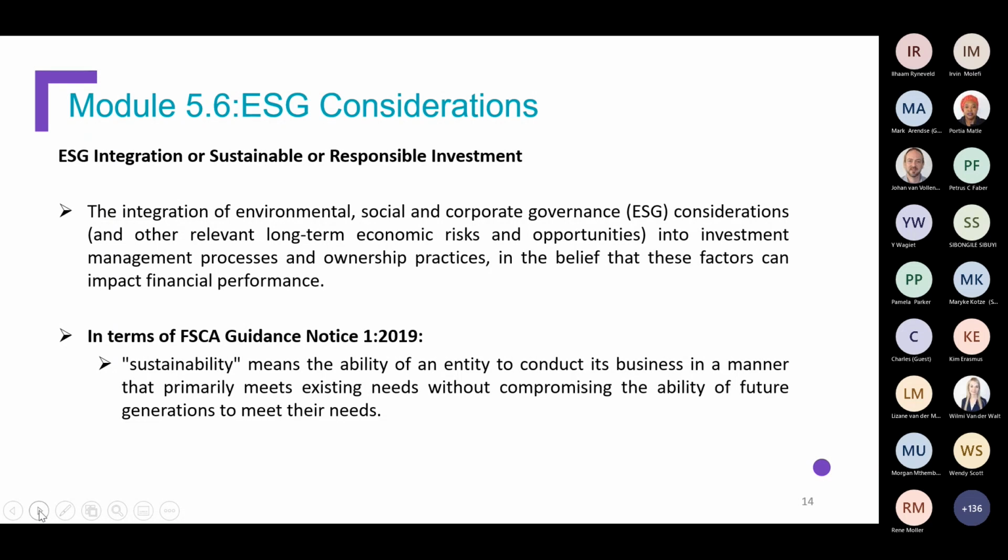Sustainability is further defined in the FSCA Guidance Notice 1 of 2019 as the ability of an entity to conduct its business in a manner that meets existing needs without compromising the ability of future generations to meet their needs.